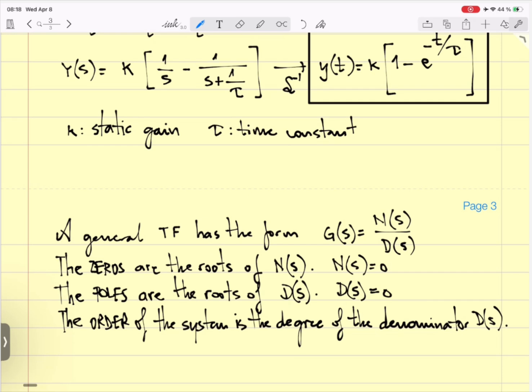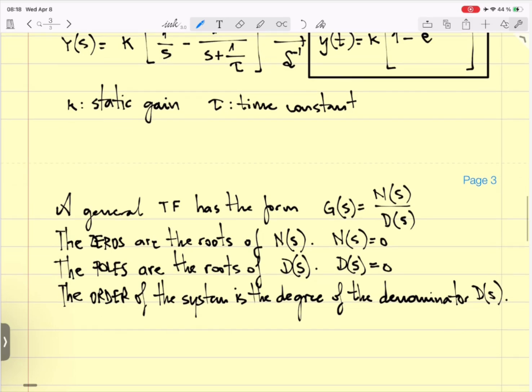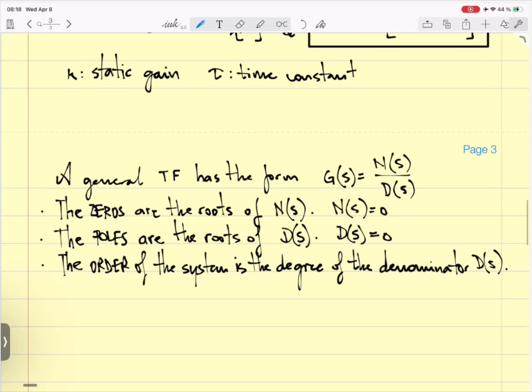Okay. This is just some definitions. And now I'm going to give you a stability rule for linear systems.